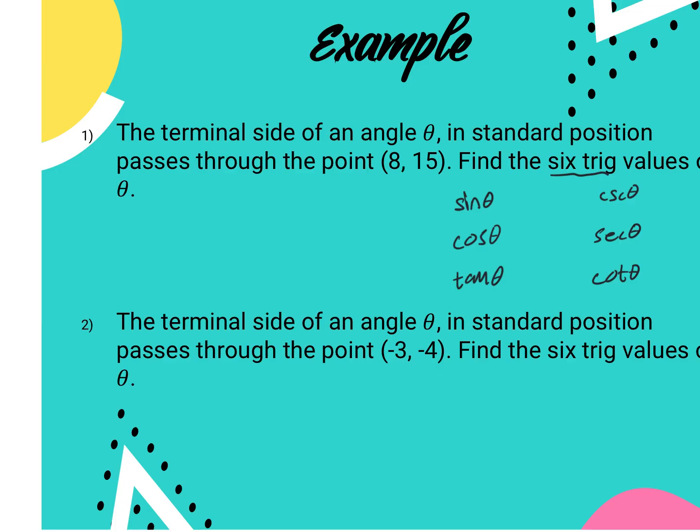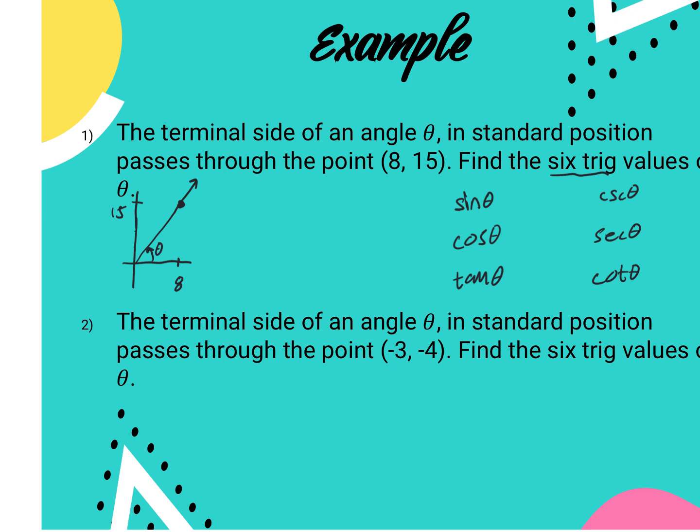To do that, I would first draw a picture. All right, so 8, 15, I know that an x coordinate of 8 would be somewhere right there. And then a y coordinate of 15, probably somewhere right there, right? So we have a point right there. The terminal side of an angle theta in standard position passes through that point. So that means if I were to draw a line, a little ray right there, then this right here would be my angle theta.